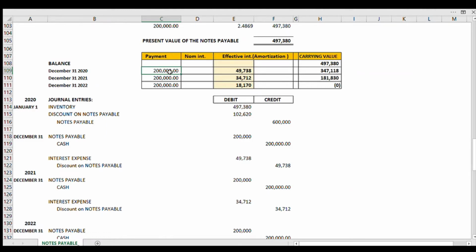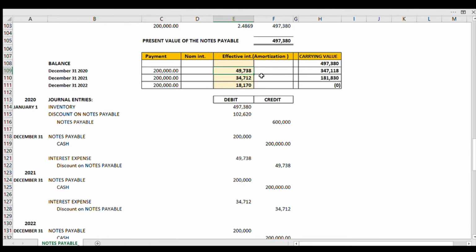So the deduction will be netted, since it's supposed to be deducted by 200,000, and considering the effective interest, the amortization is an increase, so there is a net. Instead of 200,000 being deducted, it is less than 200,000 because of the amortization of the discount.